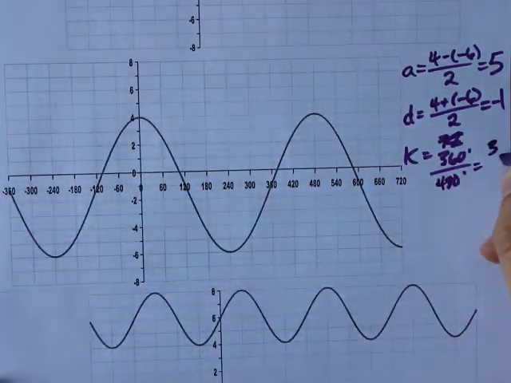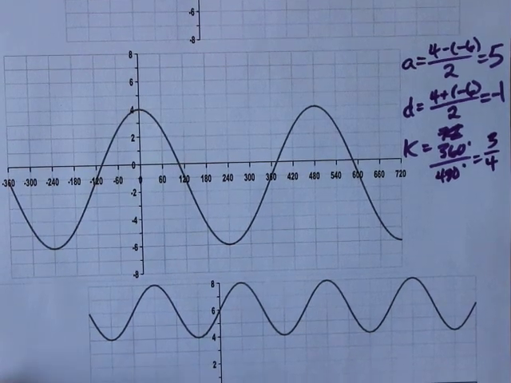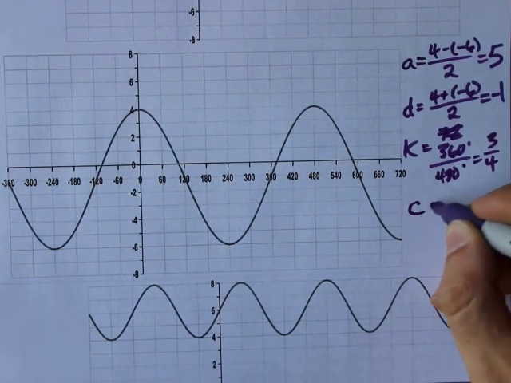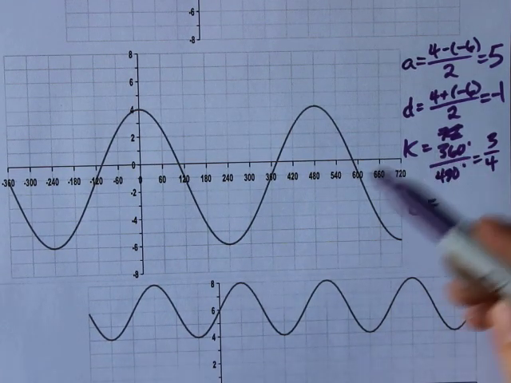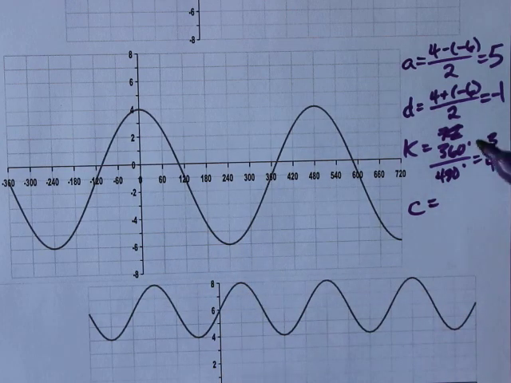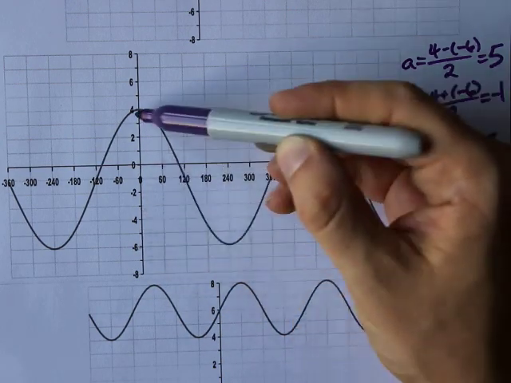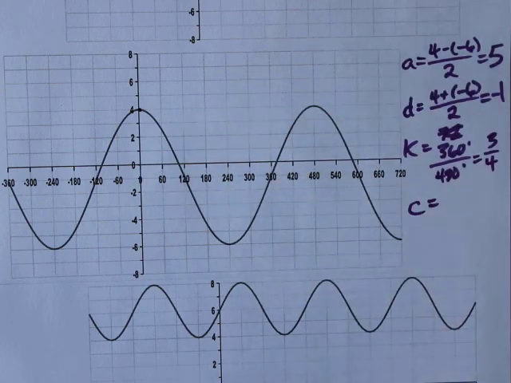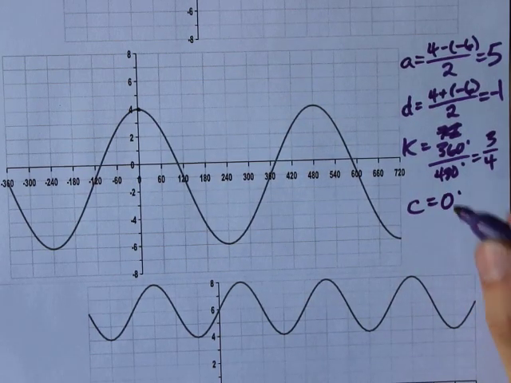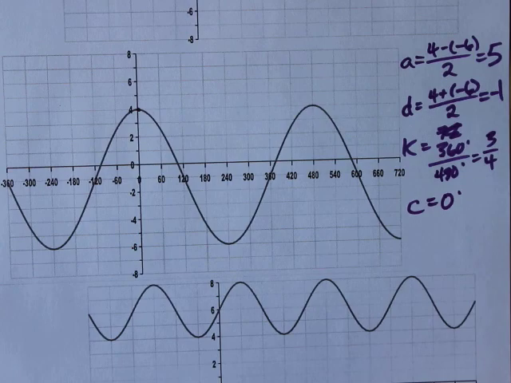It's a reasonable value of K, although rare. And my phase shift is dependent on any coordinate of any maximum. Here's a maximum. The x-coordinate is 0, which means there is no phase shift. I like it, I like it.